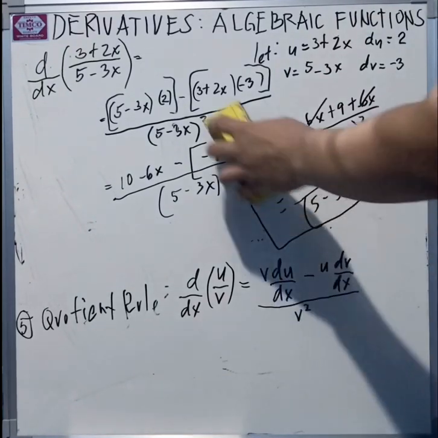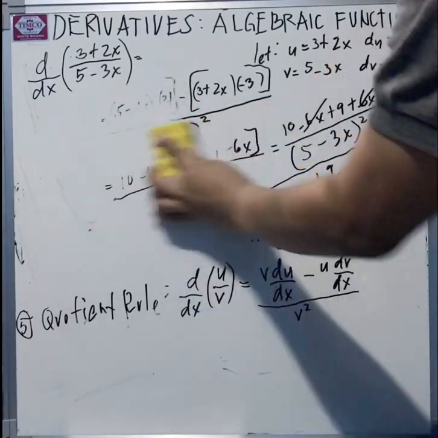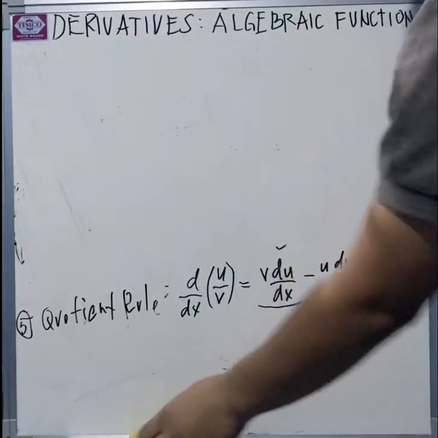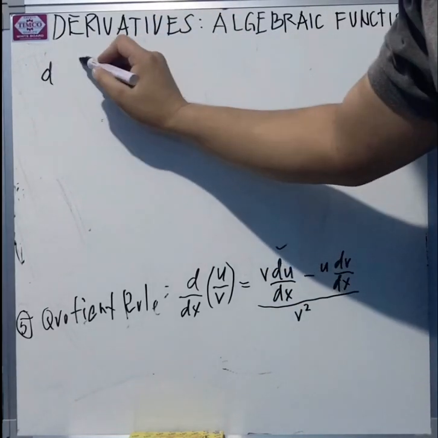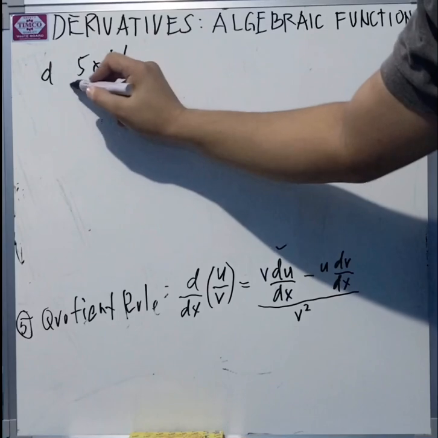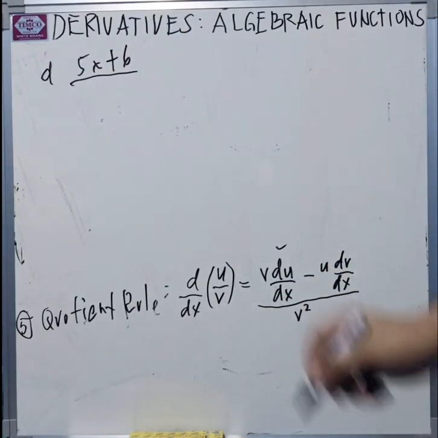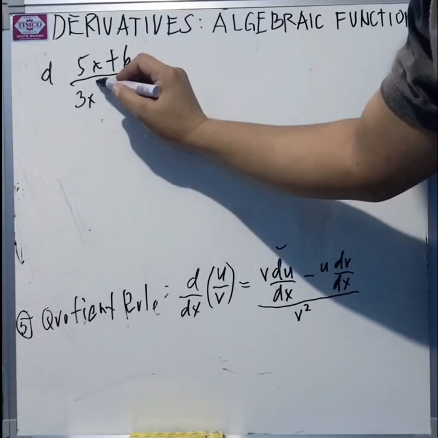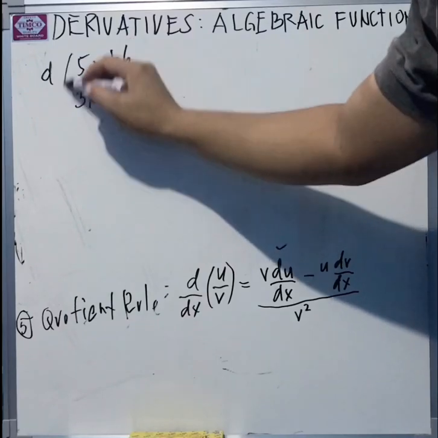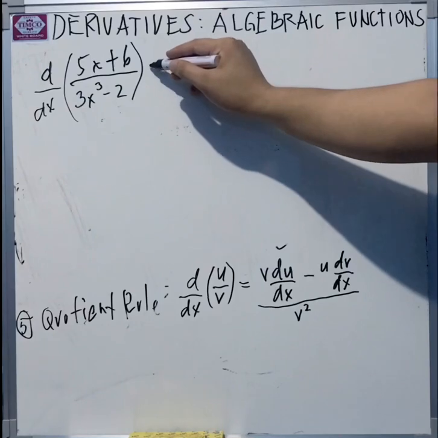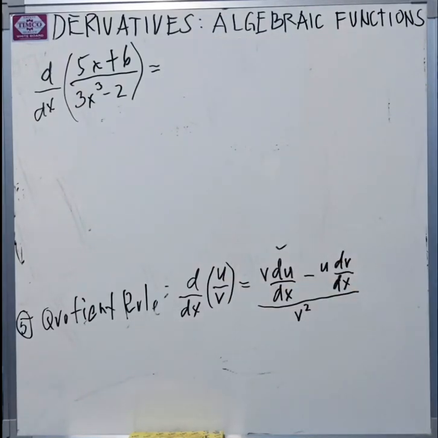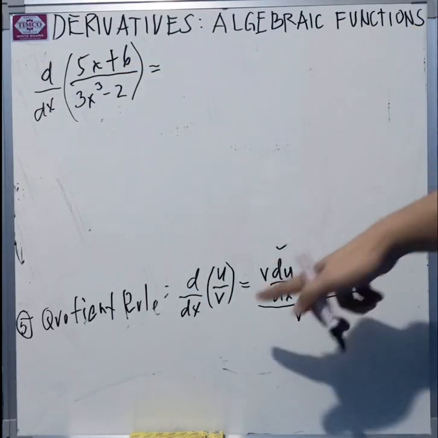Another example for the quotient rule: we need to find the derivative of 5x plus 6 over 3x cubed minus 2 with respect to dx. In finding the derivative of a quotient of algebraic functions, we use the rule again.